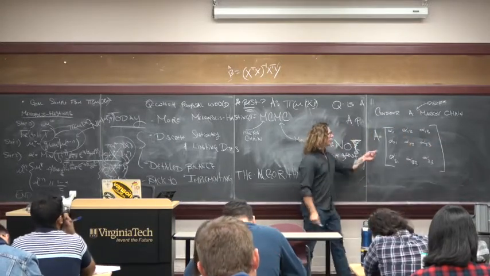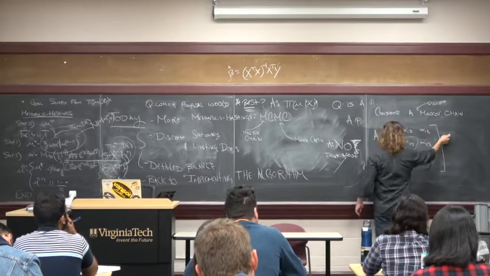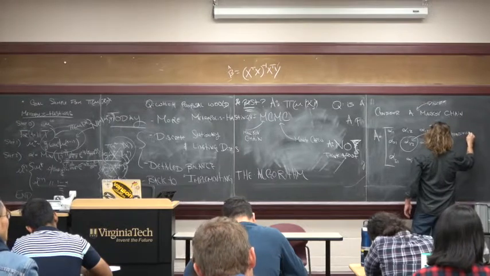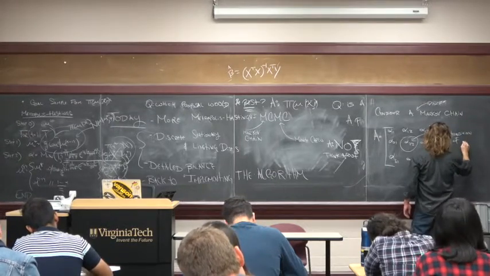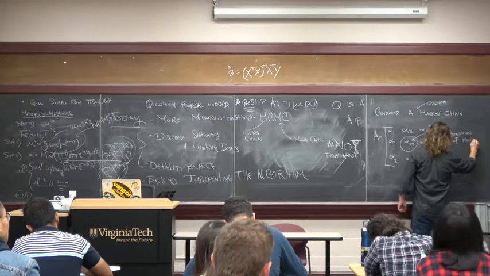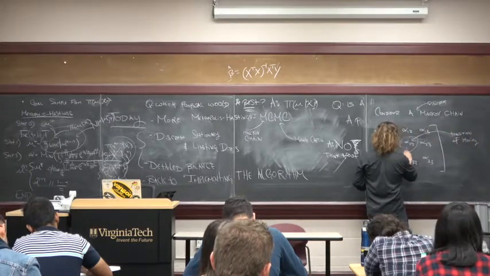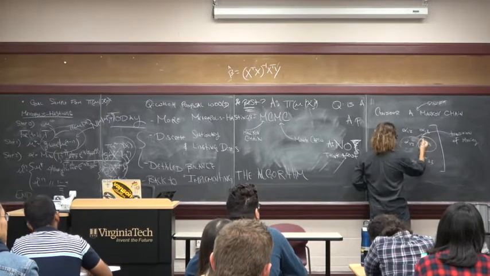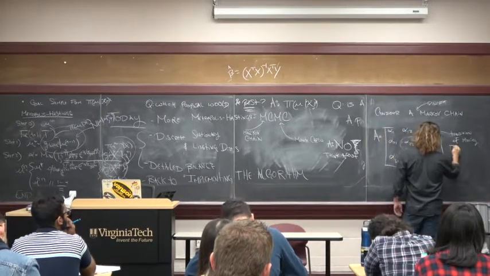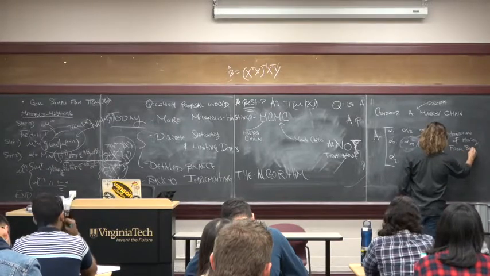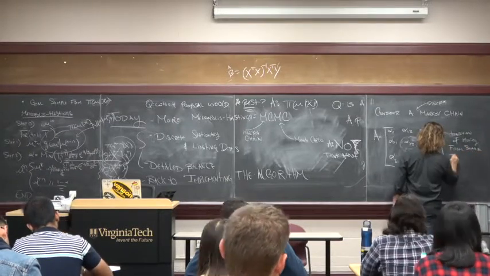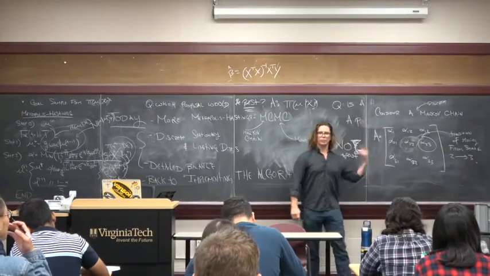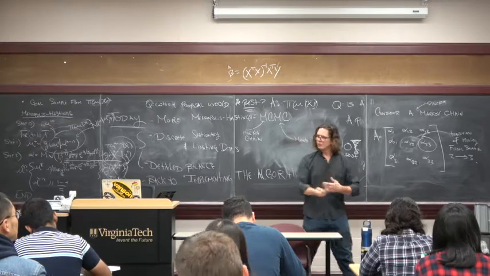So these are just transition probabilities. This is the transition of moving, let's do this one, so that my indices don't look exactly the same, moving from state 2 to state 3. So that's what it's doing. So this is my transition thing.